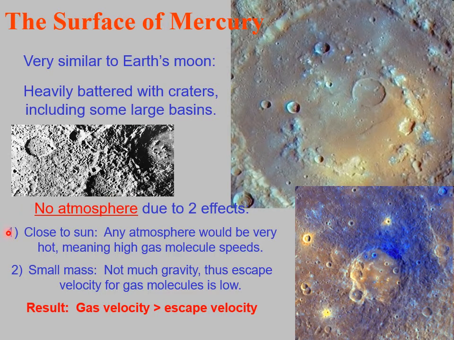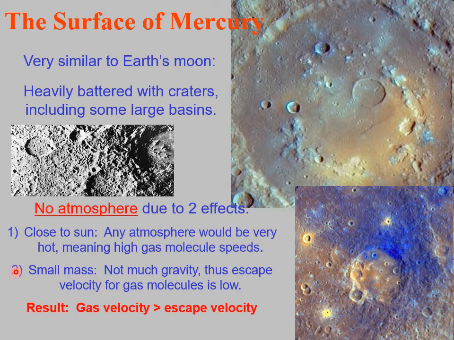Because Mercury is so close to the sun, the atmosphere that it might have had in the past would be extremely hot. And remember, heat and thermal energy means that the gas molecules would be moving very fast. In fact, being that close to the sun, the gas molecules would be able to escape the planet and just fly off into space. And the reason for this is that the planet Mercury has a very small mass.